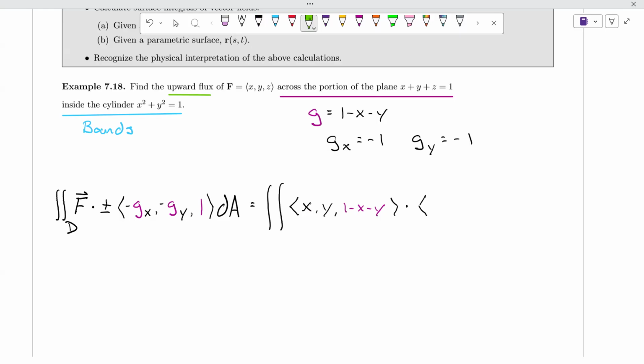We need the upward option here. So that's negative, -1, negative, -1, +1. If we go to our formula, we're still integrating over some region D. This is going to be dA, and it'll be that cylinder that tells me what D is.